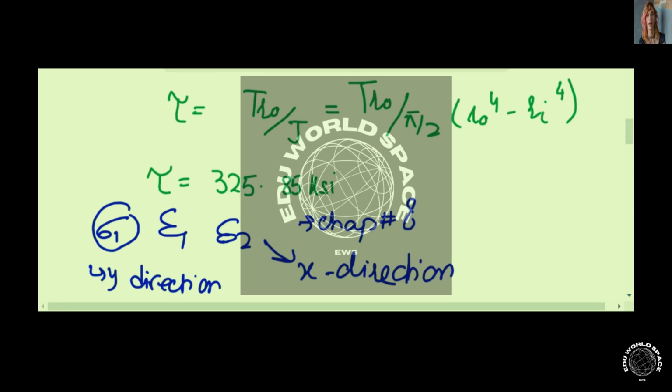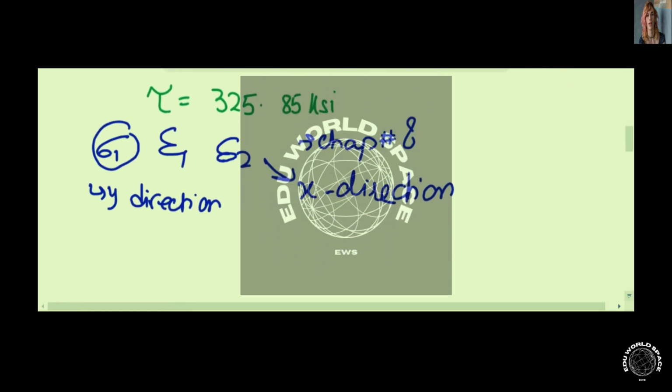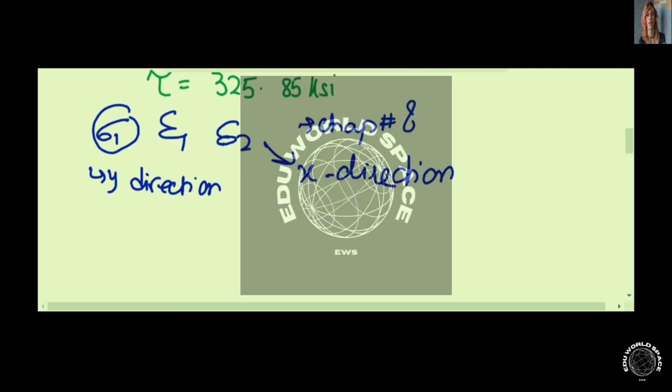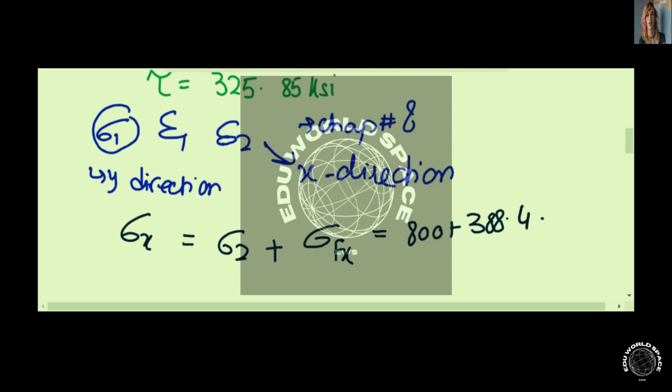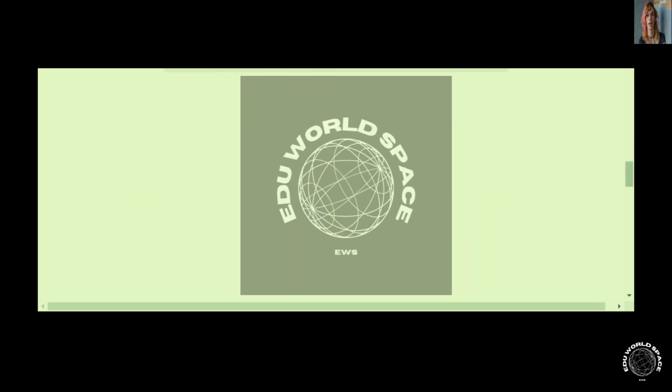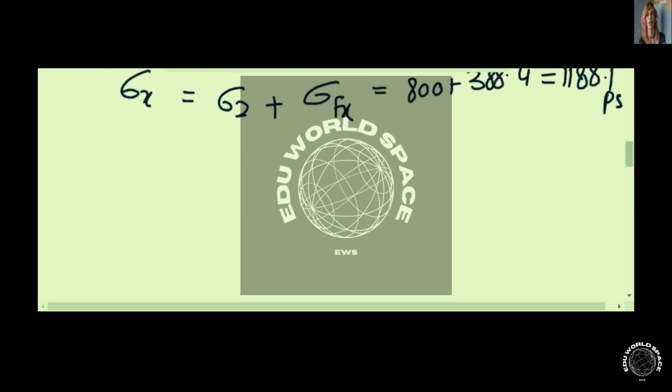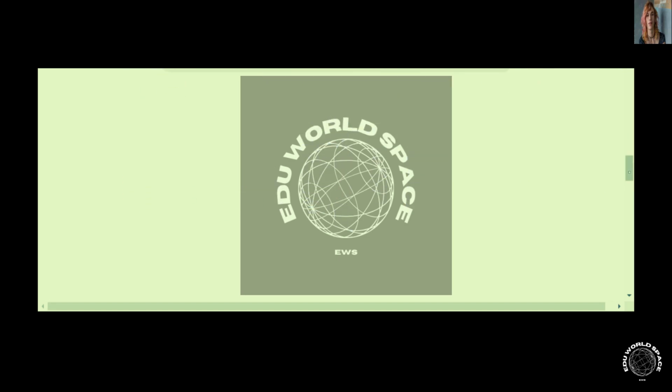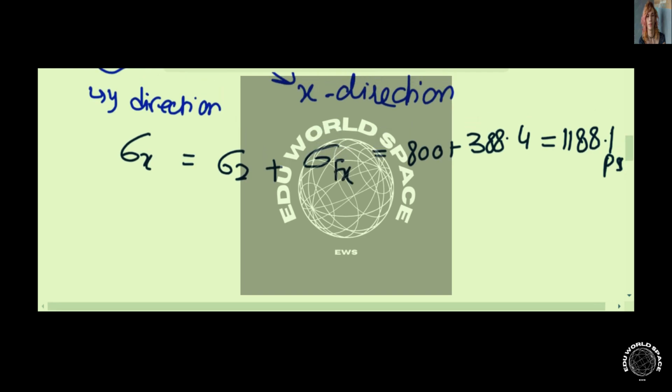Let's recap: sigma sub x is equal to sigma sub 2 plus the normal stress, that is 800 plus 388.4, equal to 1188.4 psi.